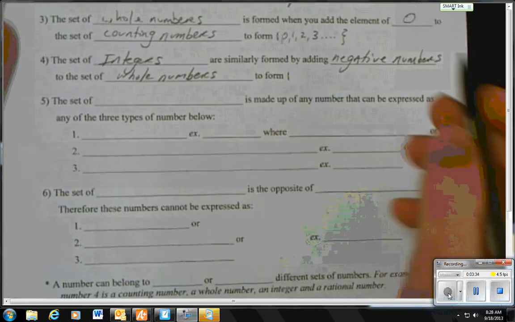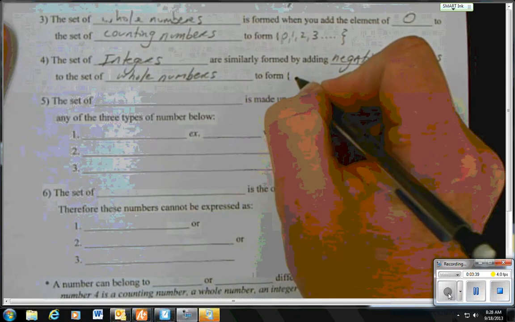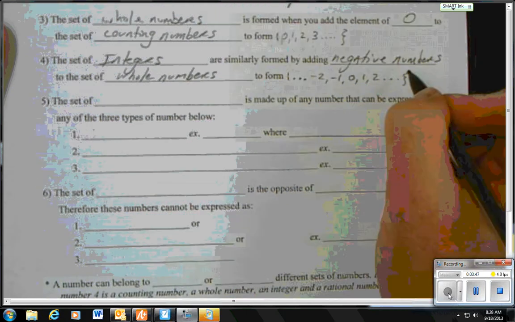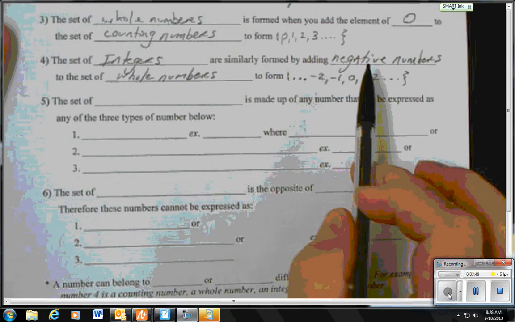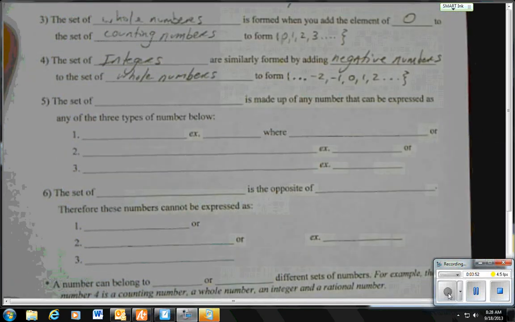So we're adding the negatives to the whole. So if we look at that set, that would be ..., -2, -1, 0, 1, 2, ... Close the braces. So integers are the negatives and the positives, but again, no decimals, no fractions, but they are allowed to be negative now.